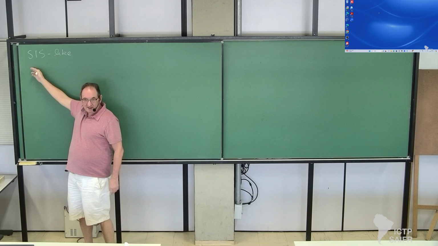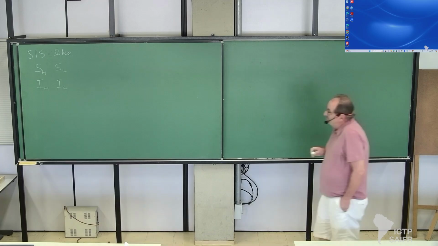So now, I will have high risk and low risk people. I will have compartments for S high risk, S low risk, and I high risk and I low risk. Therefore, I have to have 4 differential equations for these situations.